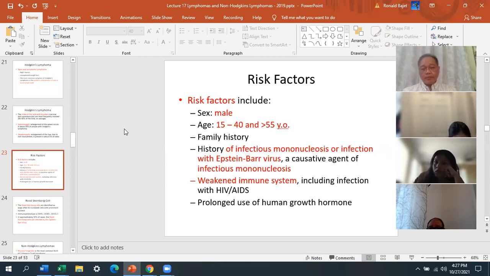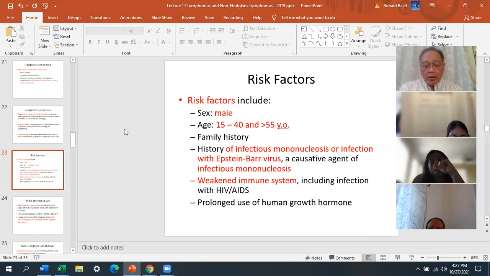That's a risk factor. Another risk factor, and we talked about it in other lectures, in the lymphocyte lecture, is history of infectious mononucleosis, or infection with the Epstein-Barr virus. Remember, infectious mono is caused by this virus, Epstein-Barr virus, which is the causative agent of infectious mono.